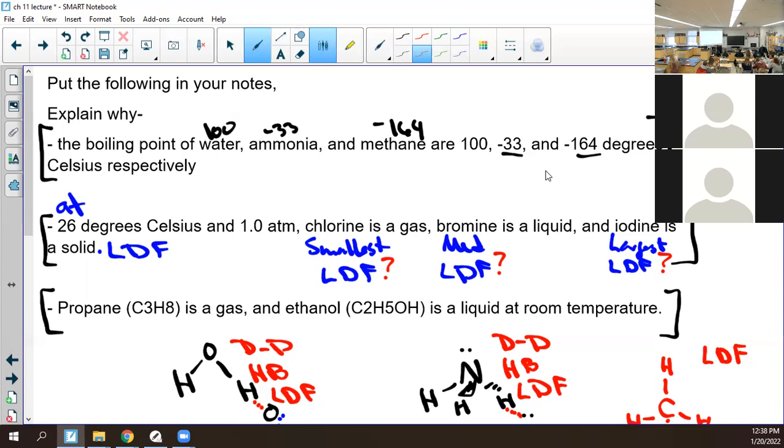That's a 1. Why does it have higher intermolecular forces? Any ideas? It has hydrogen bonding between it.